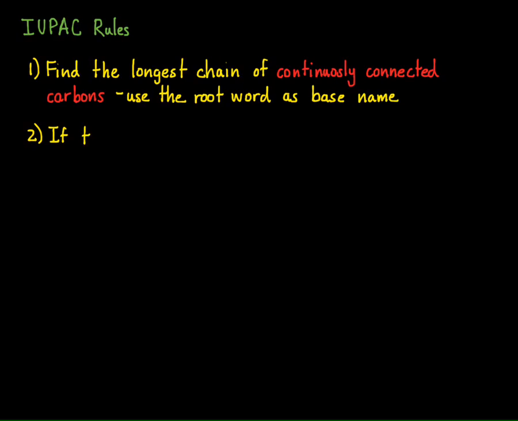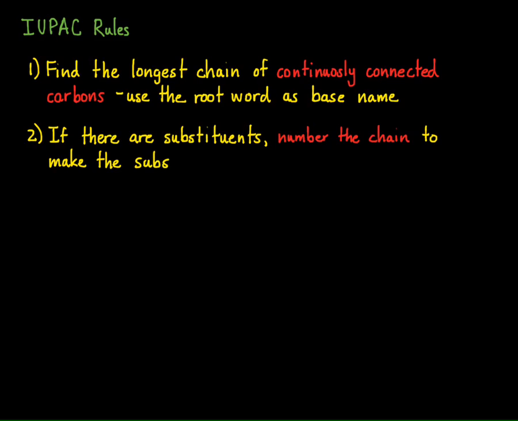However, if there are substituents, you're going to number the chain to make the substituent number as low as possible, right? So you number the chain, and you give the substituent a number based on the carbon that it's attached to.